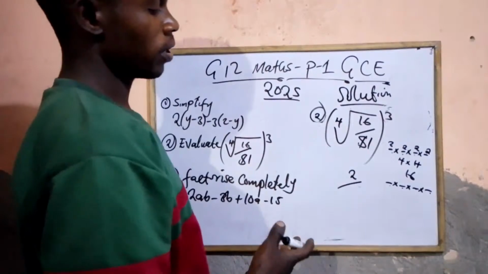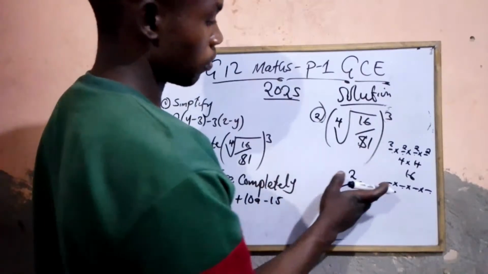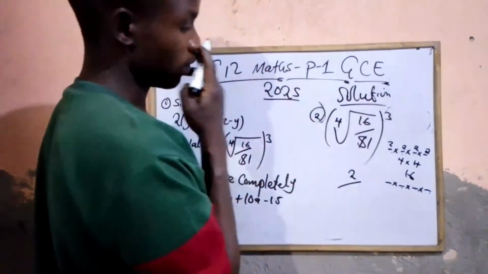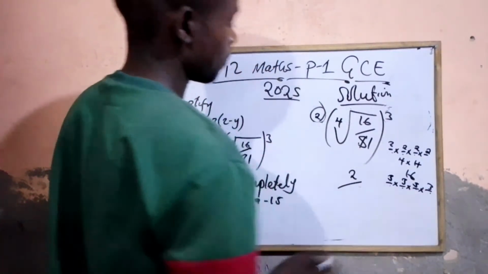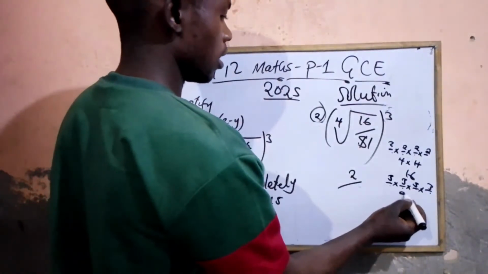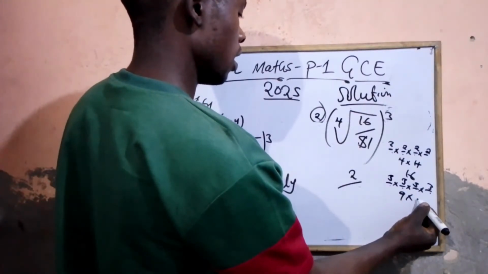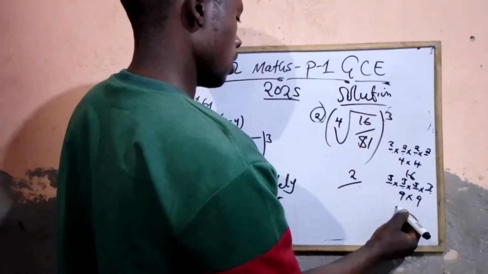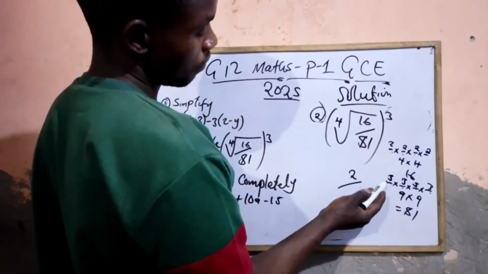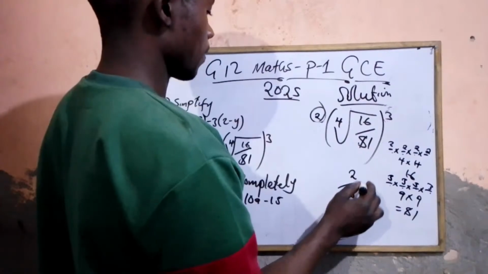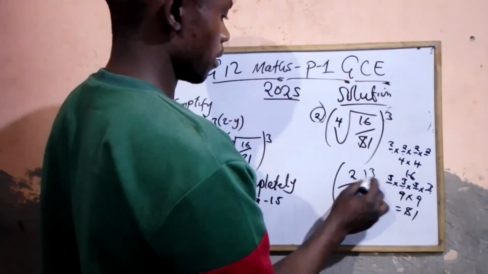We're going to look for a number which we multiply 4 times to give us 81, and that number is 3, 3, 3, 3. 3 times 3 is 9, then 3 times 3 is 9, then 9 times 9 is 81. So that means the fourth root of 81 is 3. So it is 2 over 3 to the power 3.